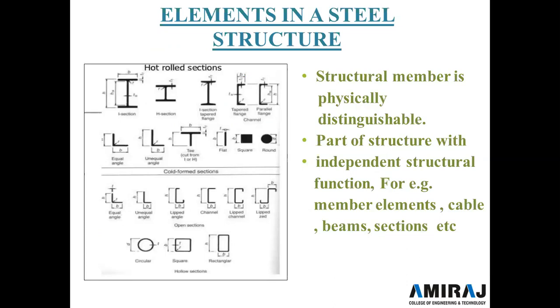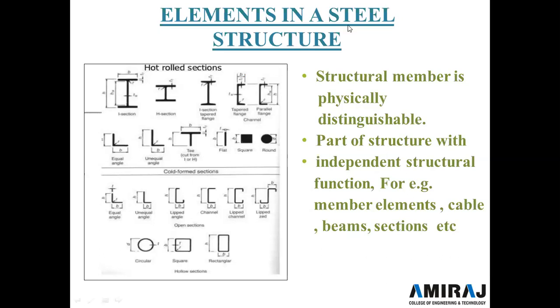Going further, there is an L section. L is also called angle section, right? Then next is T section, also a square steel member, round steel member, right? It's hollow or solid, right?